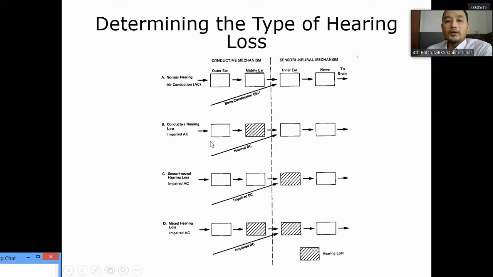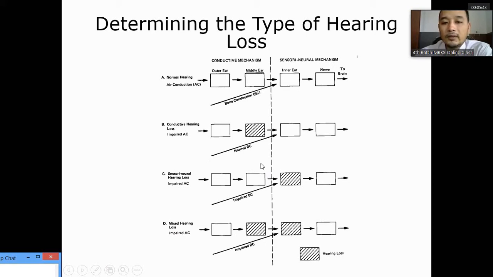Thus, in conductive hearing loss, the conductive mechanism is impaired and the sensorineural mechanism is intact. In sensorineural hearing loss, the conductive mechanism is intact. There is conduction and amplification of the sound, but there is a defect in the inner ear sensorineural component, and there can also be a defect in the nerve or the central pathway in the brain.